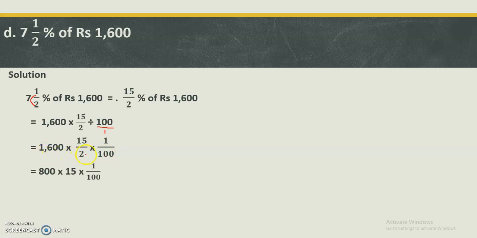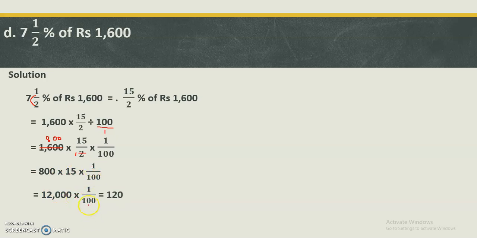Now we can cancel out 2 and 1600. So 2 ones are 2, 2 eights are 16, and 0, 0. We write 0 as it is. So 800 multiplied by 15 multiplied by 1/100. Now 800 multiplied by 15 is 12,000.